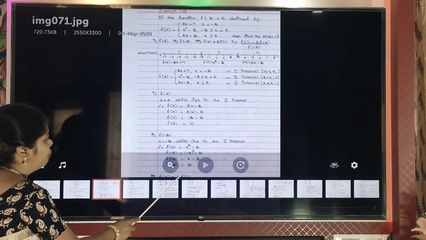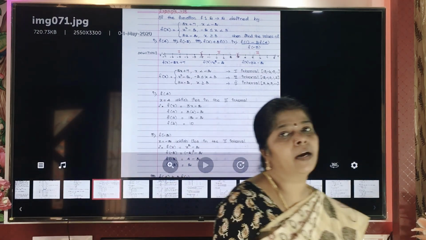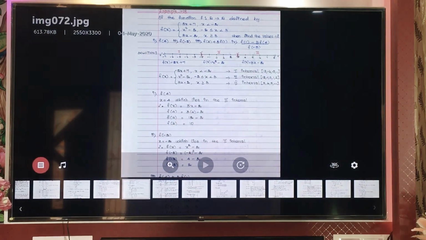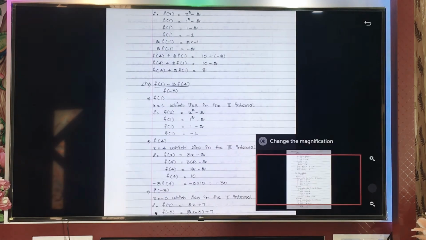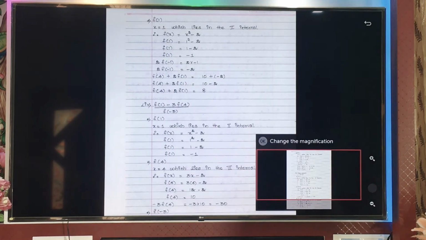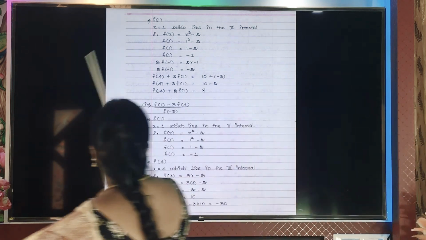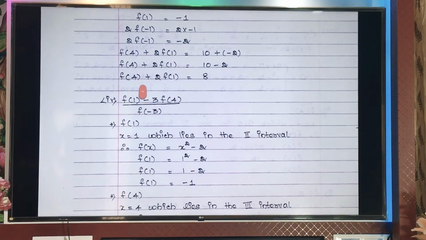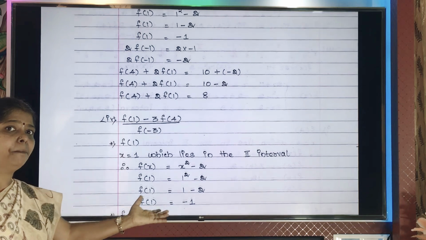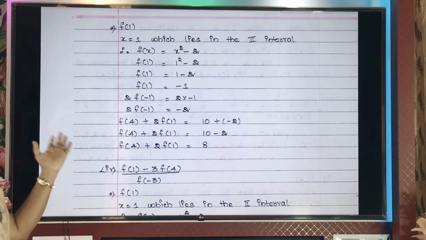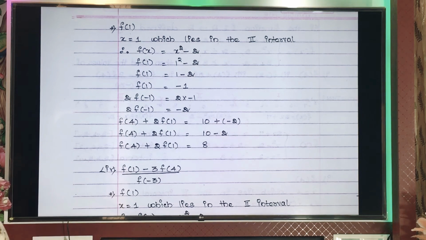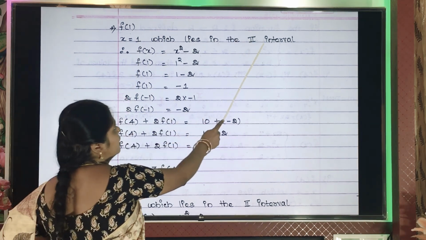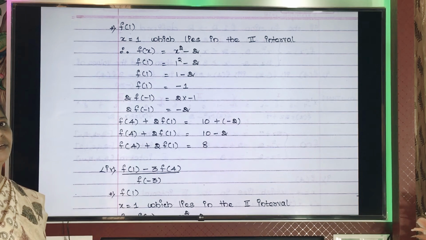I need to now find out f of 1. Then I can do the sum. Now f of 1. So again you have to go back to the previous slide and see in which interval 1 is available. 1 will be available in the second interval.